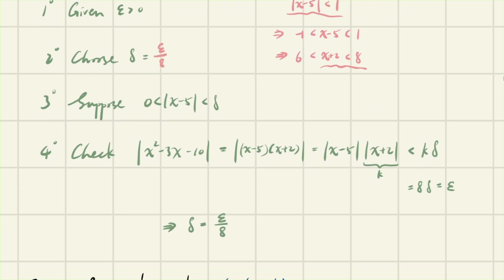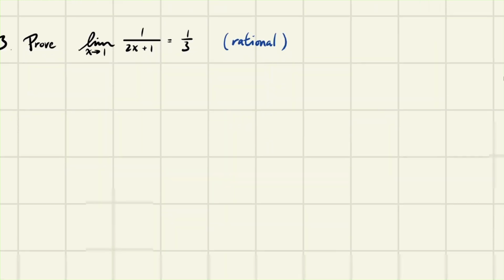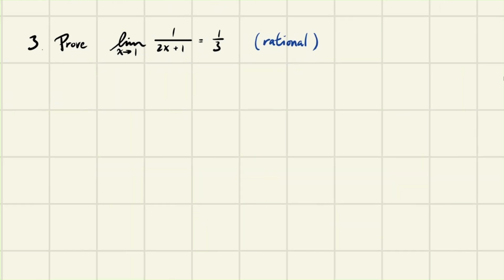Okay, now the next example is a rational function: the limit of 1 over 2x plus 1 as x approaches 1 equals 1/3. Same approach.